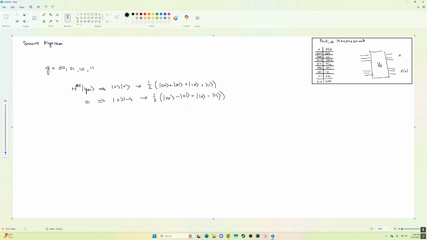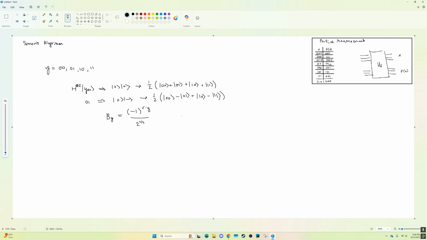But basically, when you use the formula I'm about to introduce, you can instantly know which coefficients are what sign just by looking at that formula. So that formula is specifically beta_y equals (-1) to the r dot y, divided by the square root of 2 to the n, or 2 to the n over 2.